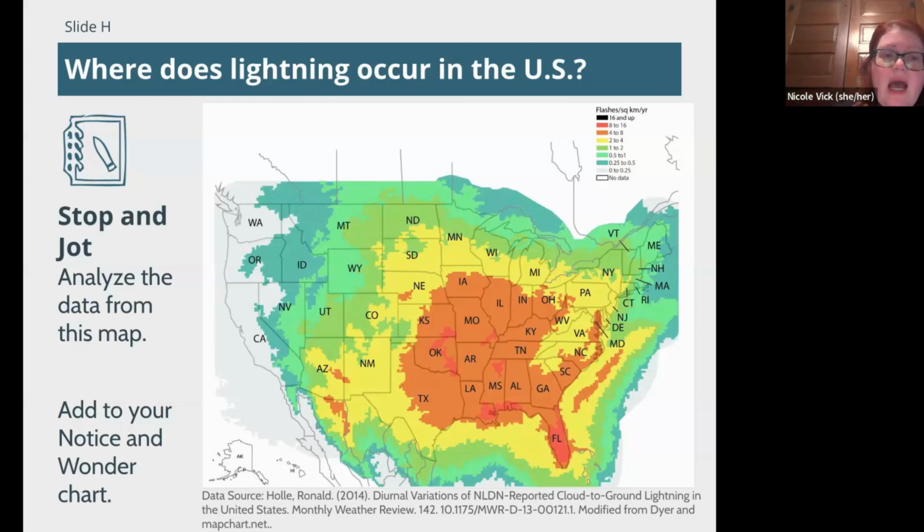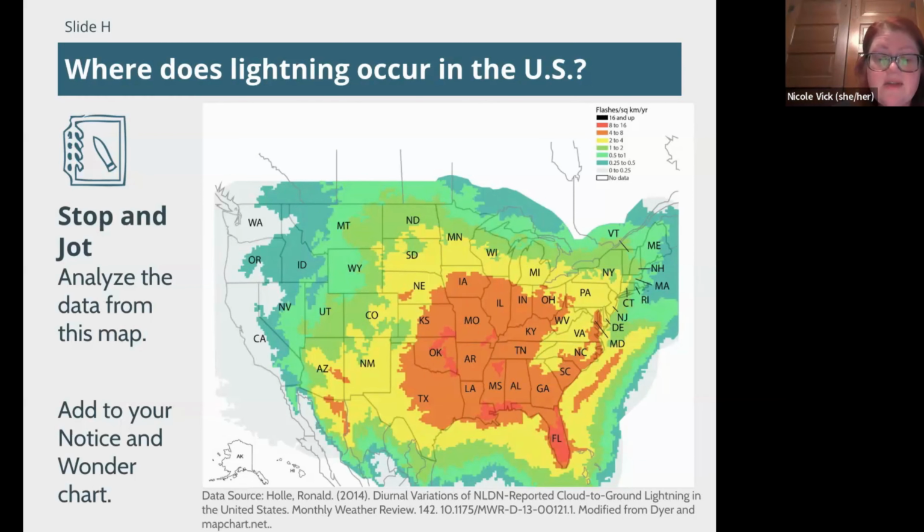In your notebook where you've been jotting down the other data, I want you to go ahead and add what are some of the things that you're noticing as you're looking at this data, and what are some of the things that you are wondering about. I'm going to give you about 30 seconds or so. I know that's a short amount of time, but I want to make sure we have time to talk about it.